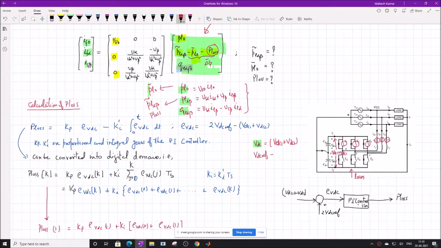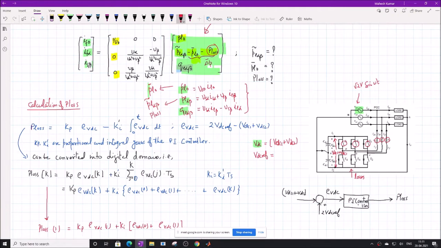Now this value of VDC ref could be far more than the peak value of system voltage. This is the system voltage, VSA, and let us say this VSA is given as root 2 into VA, where VA is simply the RMS value, into sine omega t.